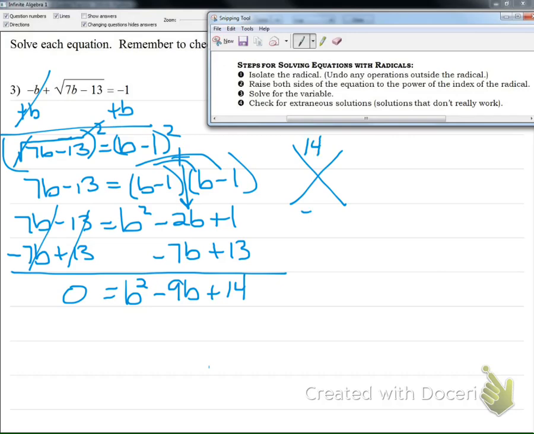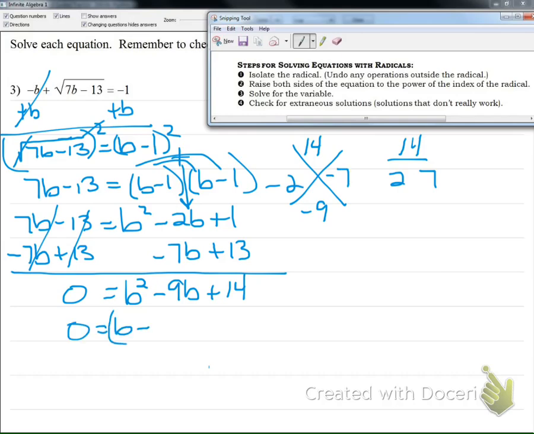Now that it's set equal to 0, let's do the X factor. So c goes on top, b goes on bottom. Because you have a positive over a negative, we know we need both negative numbers. And the factors of 14 that add up to 9, I can see it kind of in my head. It's 2 times 7. The only other factors would have been 1 times 14. That doesn't equal 9. So 2 times 7.